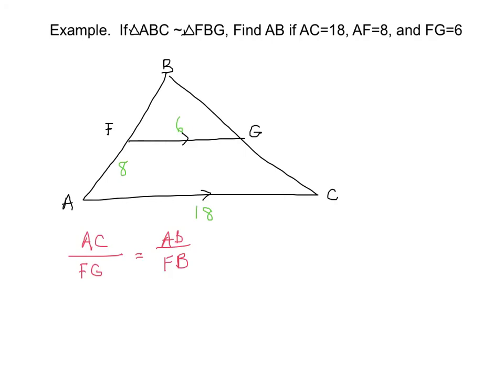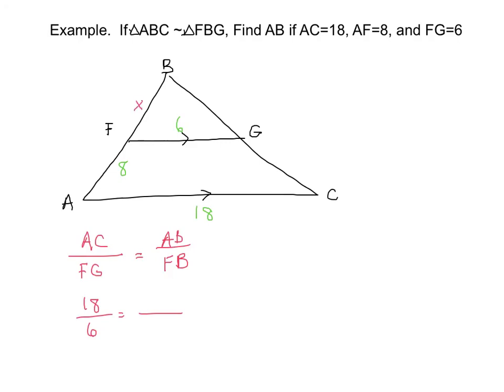So far so good. Let's substitute some values. AC is 18, FG is 6, is equal to AB over FB. We don't know what AB is, and we don't know what FB is, so let's just say that FB is x.